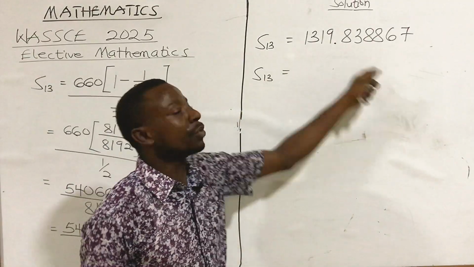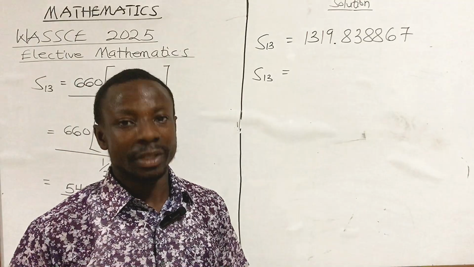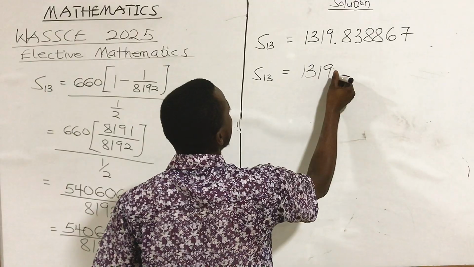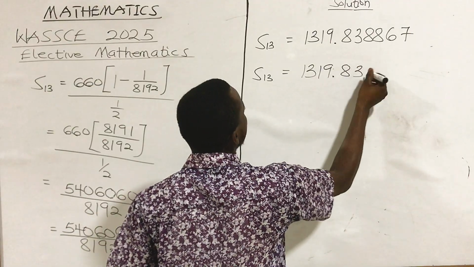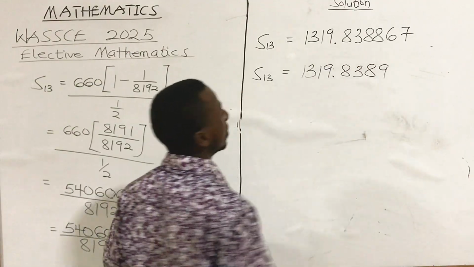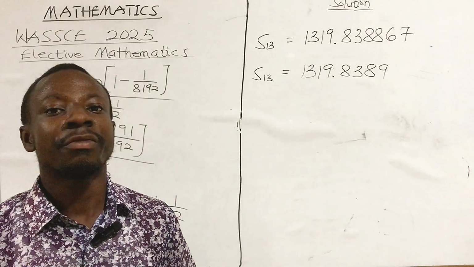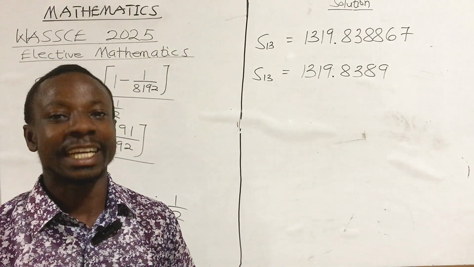So from here we are going to correct to 4 decimal places. So we have 1319.8389, and this will be the final answer for question 9.